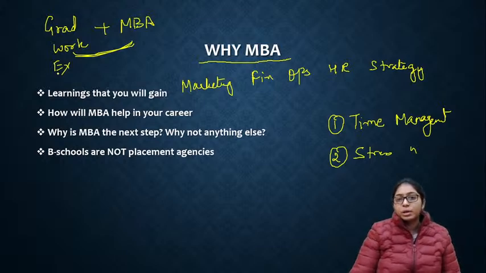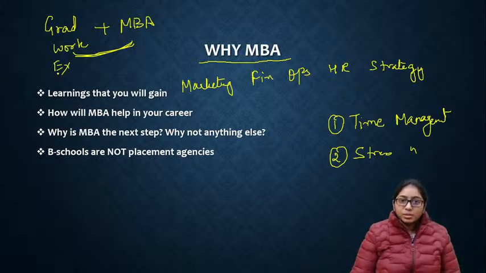Why are you not going for higher education, or after the BSc, why are you not going for MSc in physics itself, or why are you not going into research after that? So all these questions need to be answered well. These questions need to be thought of in advance so that you do not get stuck over there.